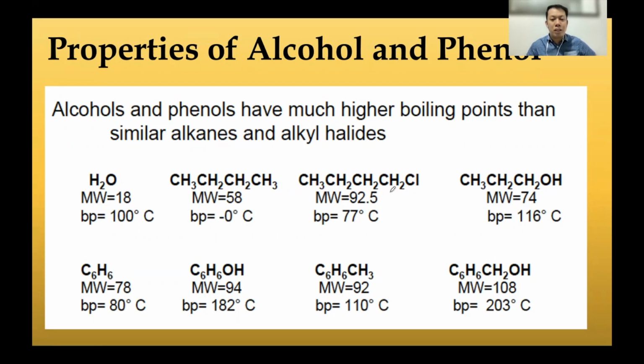For an alkyl halide, you have 77 degrees Celsius for the boiling point. Meanwhile, if it is an alcohol, this is propanol, the boiling point is 116 degrees Celsius. So you can just look here and try to analyze that.